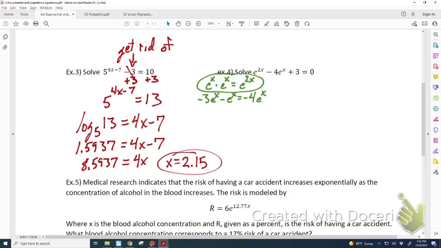Especially this concept right here, because I can factor this. Must factor. So you start with your 2 parentheses. And I can put e to the x in the first spots, because I know if I multiply first times first, I get e to the 2x. The next 2 numbers are very easy. 2 numbers that multiply to 3, add to negative 4.